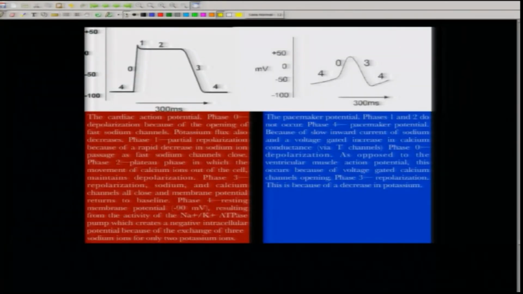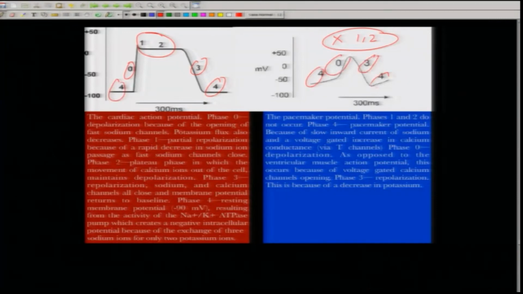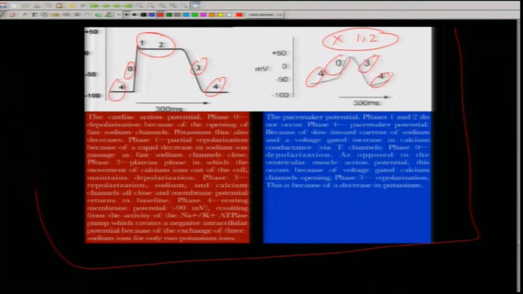You remember I told you that this part is missing, phases 1 and 2 are missing. You do not see that. Otherwise, you see everything. The common phases are 4, 0, 3, 4. This comparison is very critical for you to have a very clear understanding of it, and that is the reason why I put it here.